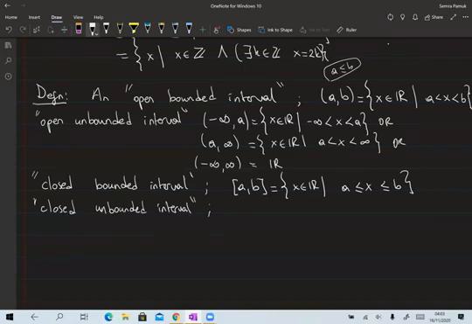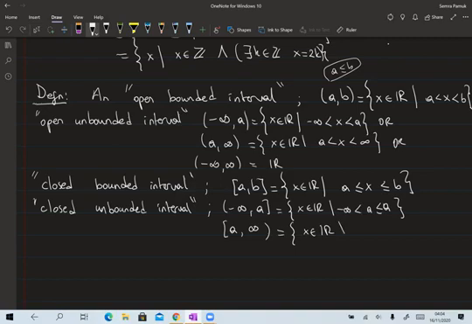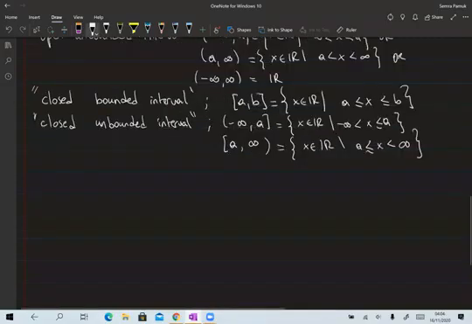For that one, again, we have minus infinity to A, and A to infinity. So these are for the closed intervals.